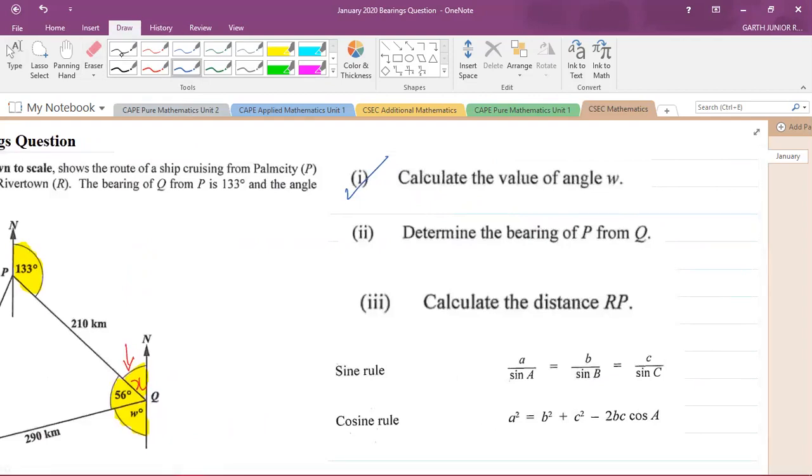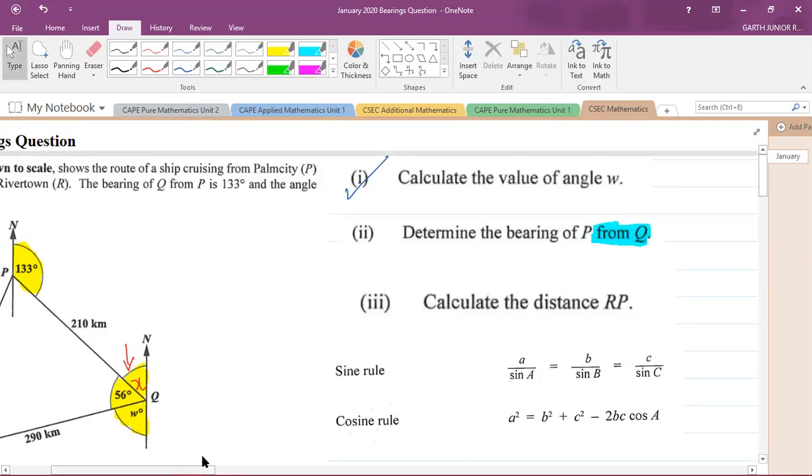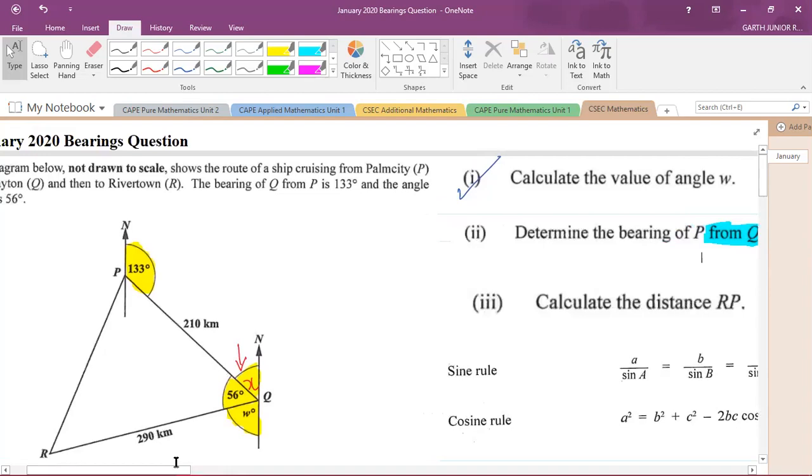Determine the bearing of P from Q, from Q. This is important, from Q. So I'm going to highlight that. Let me erase these highlights. Great.